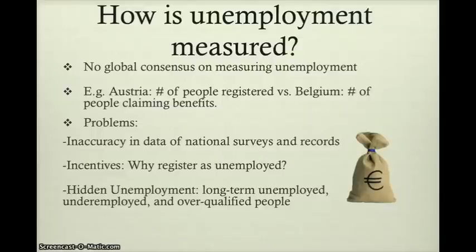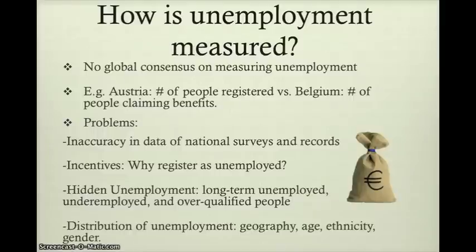For example, if you are well educated and you have a job, but you're not really utilizing the skills that you have. So that's hidden unemployment. Finally, there's the distribution of unemployment that isn't considered in the regular unemployment rate. For example, the geography, where is the unemployment in the country, the age groups who are unemployed, the ethnicity, and the gender.